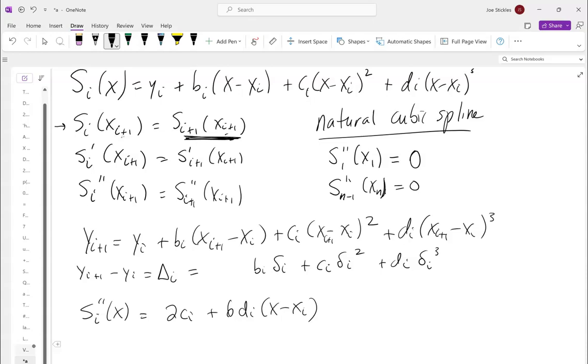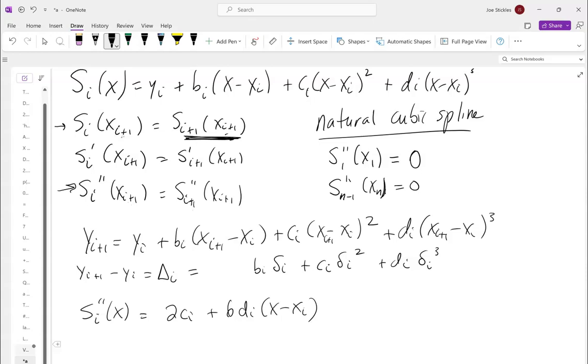That's okay? All right. So this is true for any I. This third condition says that when I plug in the right endpoint for the second derivative of the ith polynomial, I get the same thing if I plug in the left endpoint for the I plus first polynomial, right? When I plug x sub I plus 1 into the I plus first polynomial, this one goes away, correct?